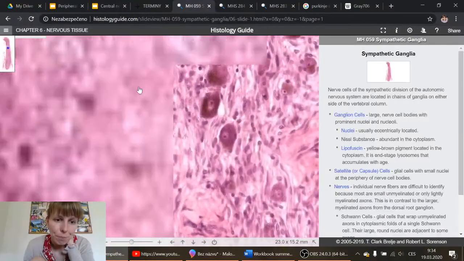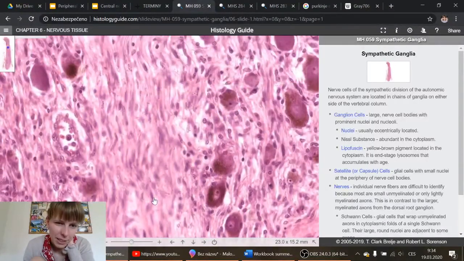So if we zoom in, we will see that it looks like a fibrous structure going through the ganglion, and the nuclei that we have here will be nuclei of the Schwann cells, because they are not forming the myelin sheath, but anyway they are there protecting the axons, like we talked about. This is a blood vessel here, and these are the multipolar neurons with the satellite cells, and these will be the non-myelinated axons.